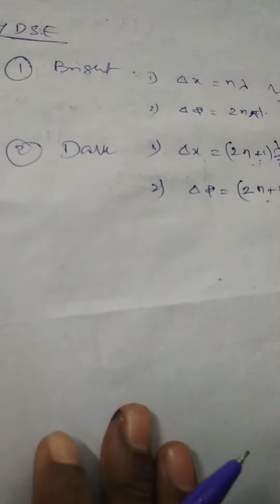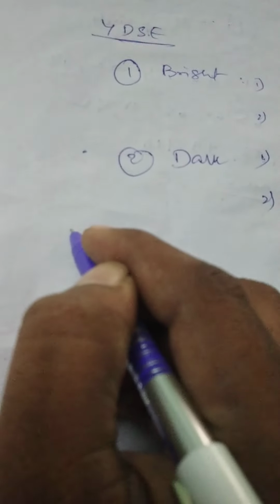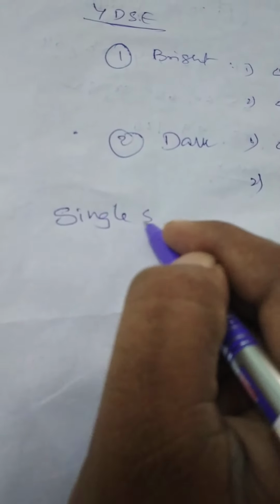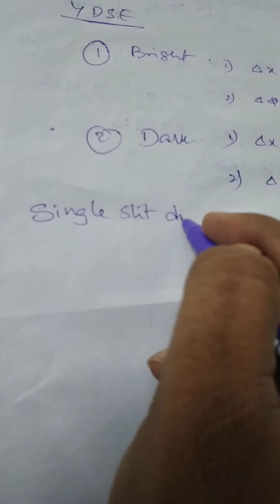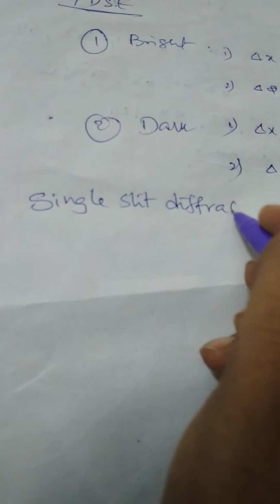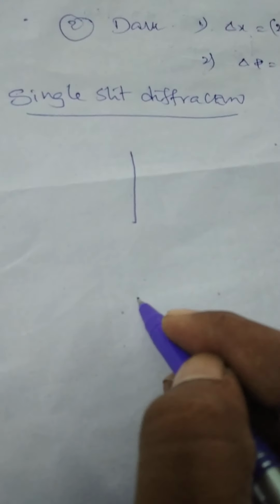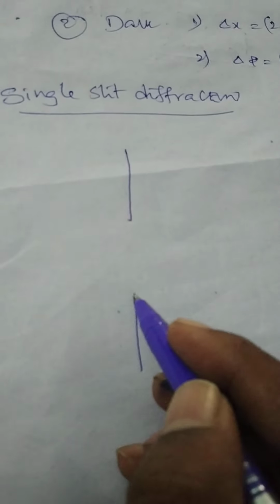But in diffraction due to a single slit, single slit experiment, single slit means this is a slit.